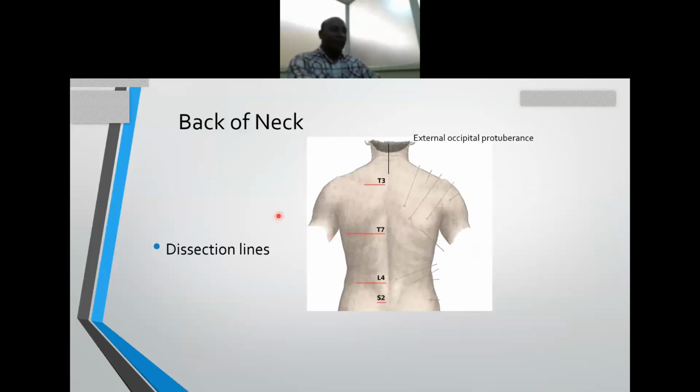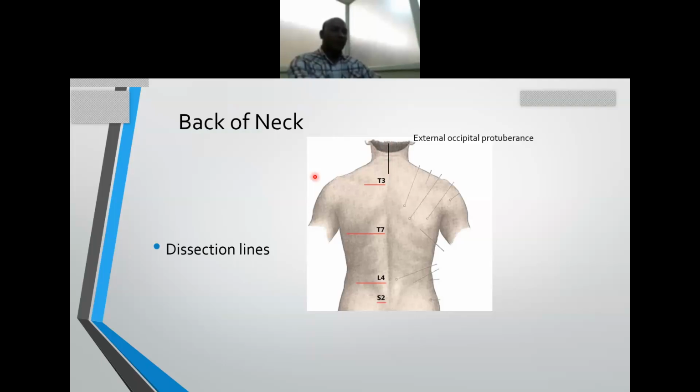Okay. So when we dissect the neck, as when you were dissecting the upper limb, you realize that there is a lot of fat in the neck region when you try to reflect the skin to expose the trapezius muscle, right? So make a linear incision in the midline and then reflect the flaps of the skin.